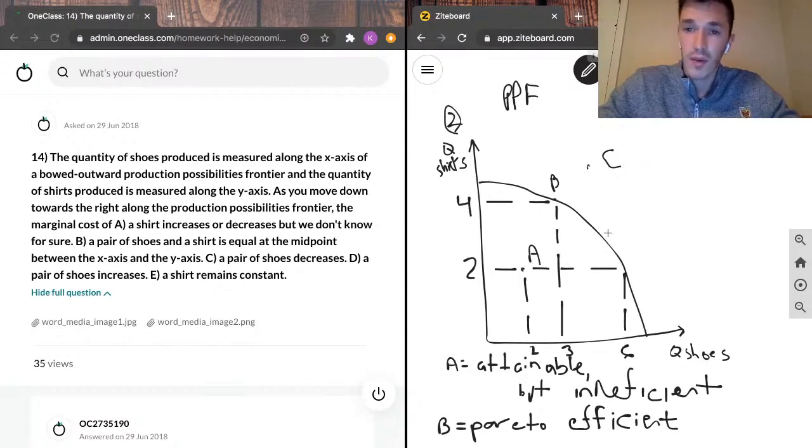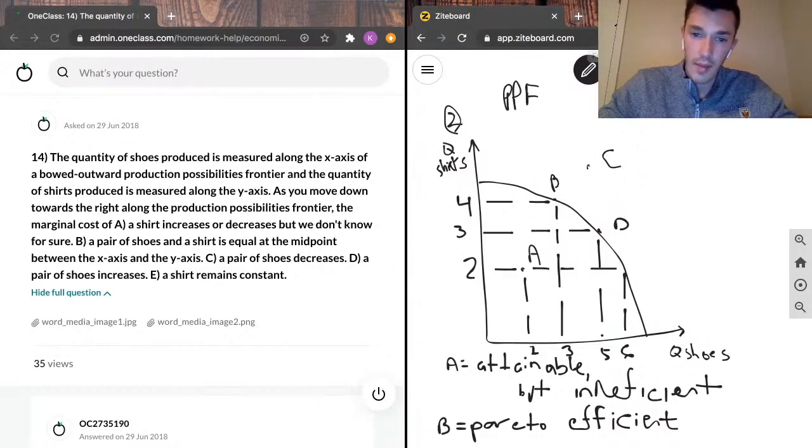And you can have more shoes. For example, if you wanted to move to point D here, you could have 5 pairs of shoes, but as a result, you would have to give up some shirts, say fall to 3 shirts. So both points B and D are technically efficient or Pareto efficient. And basically that means you can't have more of one good without giving up any other.